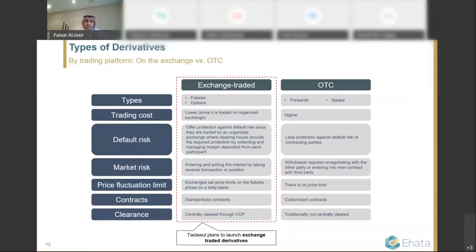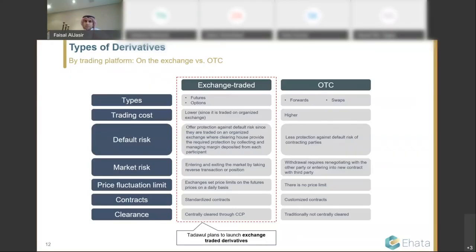That document provides netting of obligations. It also comes with a credit support annex, also called a CSA, which manages the collateral requirements, yet it definitely provides less protection compared to exchange traded.